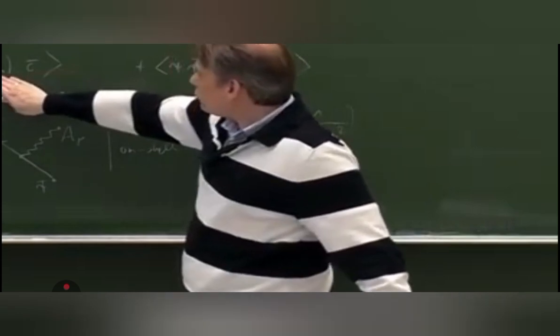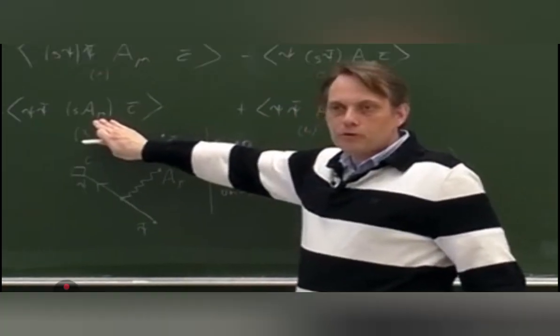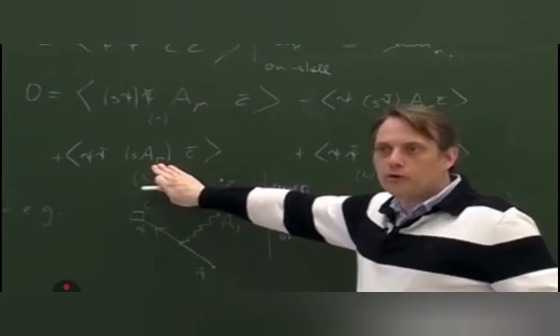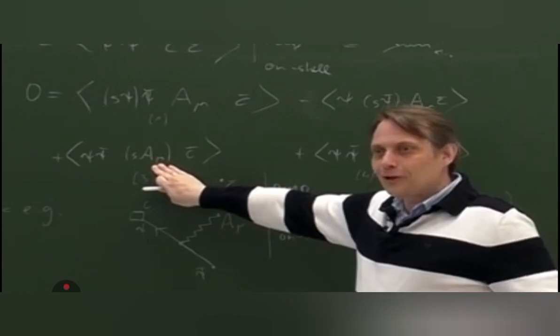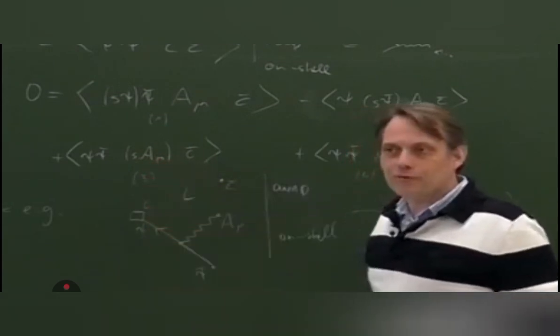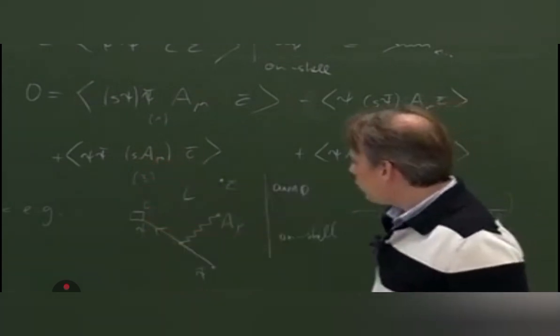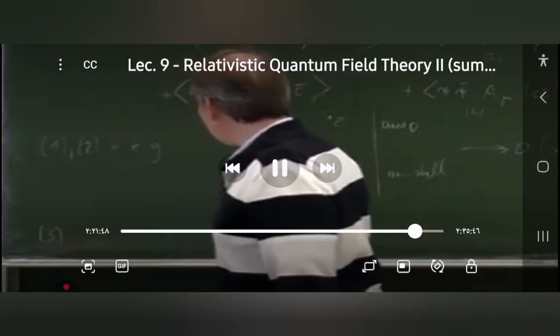And in the last line, we have the BRST transformation of the gluon field that has a linear and a nonlinear term. And again, the nonlinear term drops out for the same reason. Maybe let's nevertheless illustrate it by a small Feynman diagram.